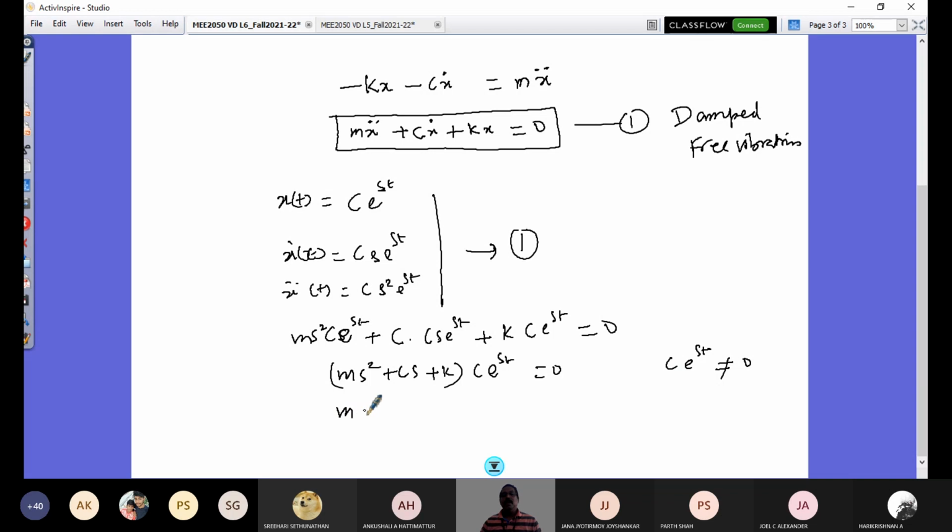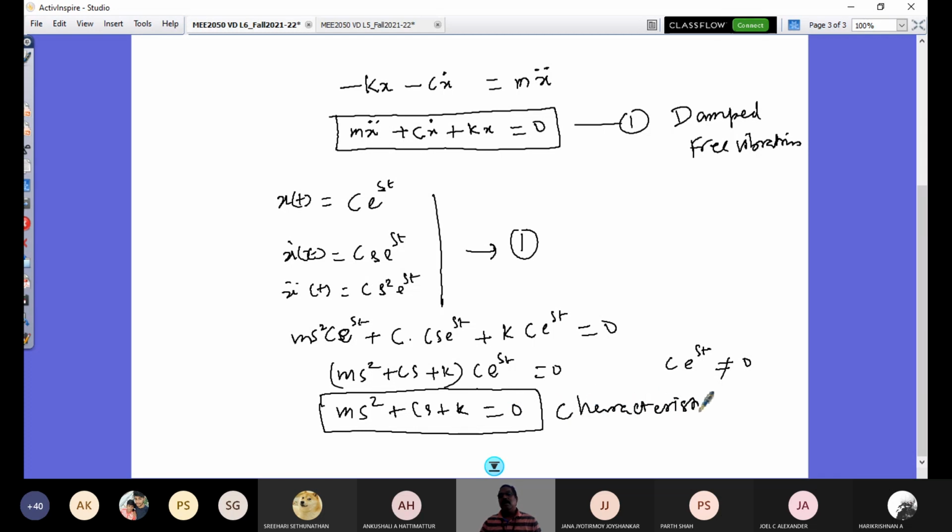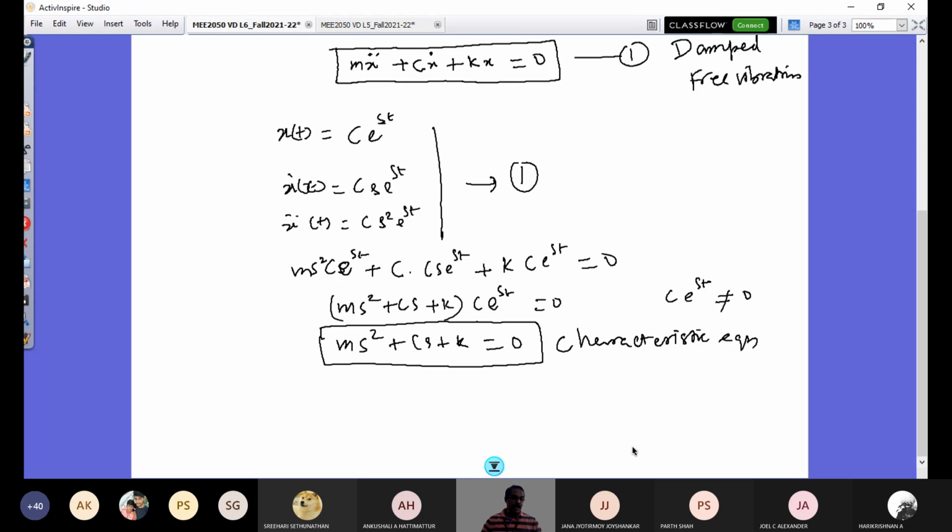So what can be made 0 is m s squared plus c s plus k equal to 0. This equation is a quadratic equation called the characteristic equation of the damped free vibration.